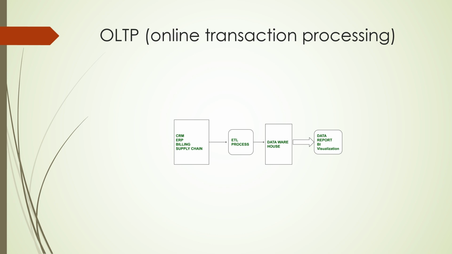Then simple transactions like data updates, insertion, deletion, and simple queries. Then indexing the data set for fast search. Then fast response time. Then high availability because of the downtime in OLTP applications.